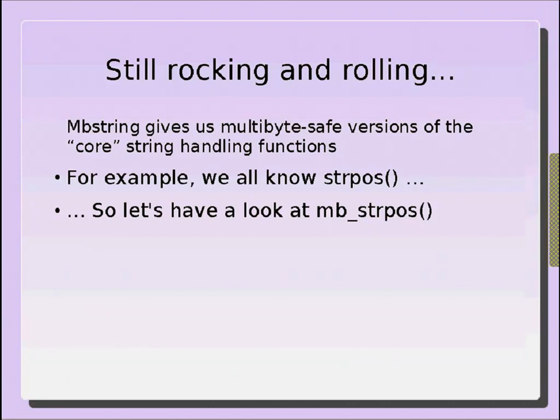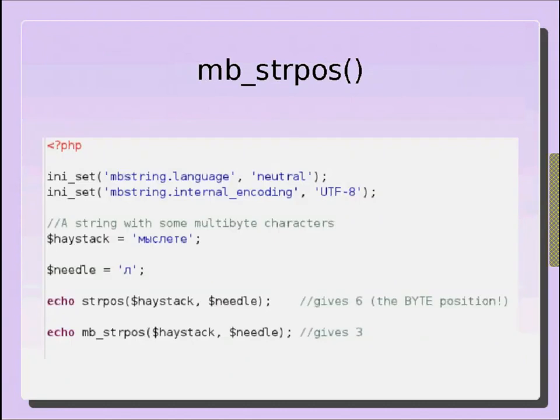So let's have a look at how that works with the regular version versus the multibyte version. Okay, so language neutral, UTF-8 again. We have a haystack here, which is some Russian characters. A needle, which is what we're looking for, which is this sort of N-looking character.